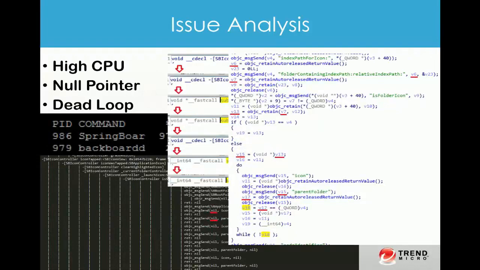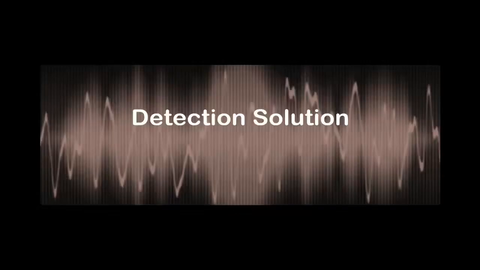We found that because V6 is equal to 0, that leads to V18 being equal to 0. Springboard goes into the endless loop.